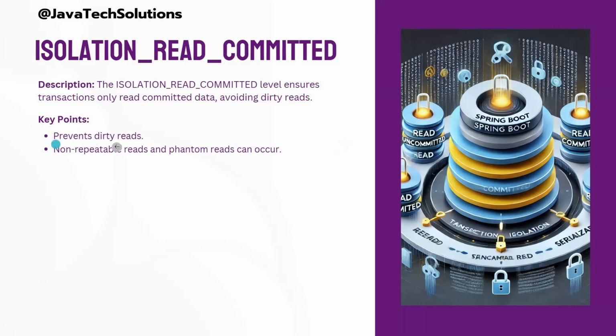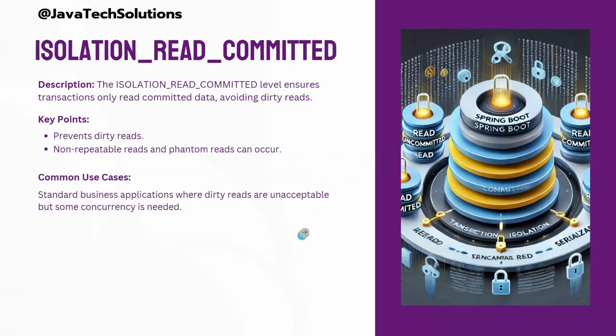So it will prevent dirty reads, while non-repeatable reads and phantom reads can still occur. The common use cases are standard business applications where dirty reads are unacceptable but some concurrency is needed. Then we use isolation read committed.